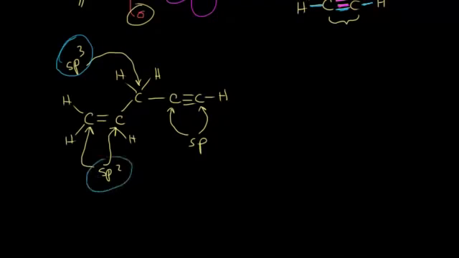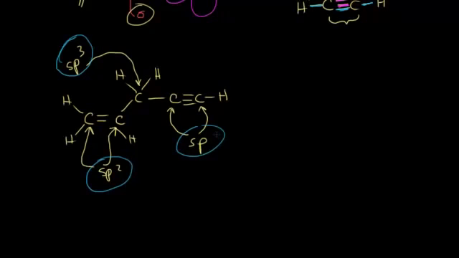For sp2 hybridization, we saw that that's going to give us a trigonal planar geometry for the atoms around those carbons with a bond angle of approximately 120 degrees. For sp hybridization, we saw in this video that that's going to be linear, which is why I've drawn the dot structure as being linear, giving us a bond angle of 180 degrees.